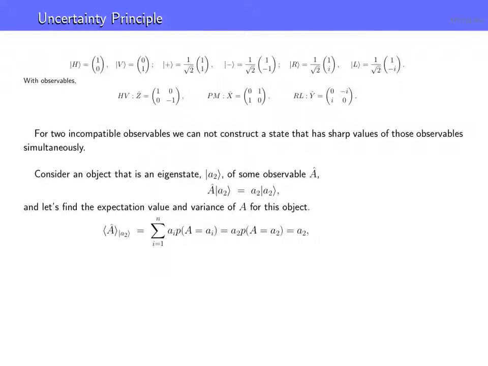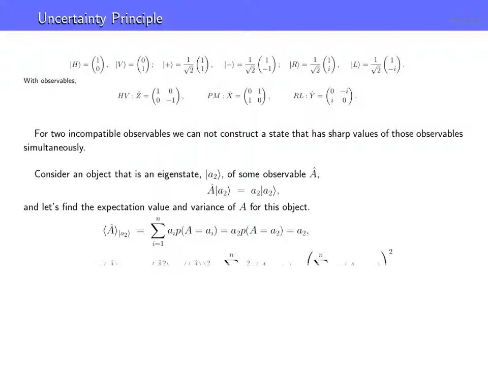Now in this case, if it is an eigenstate, that means it's not in any other state, which means that the only probability that is nonzero is when it's A2, because it definitely has a value A2, and for any other eigenvalue of A, the probability is 0. So this probability is 1, and we simply get A2. And we're putting this subscript here. We'll change this notation back and forth a little bit, just to emphasize that the expectation value is dependent on which state you're referring to.